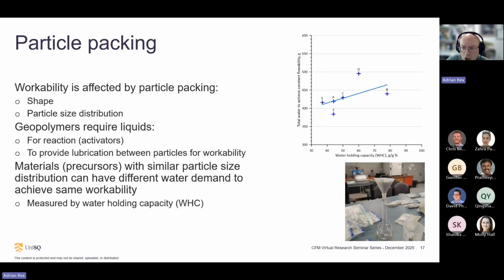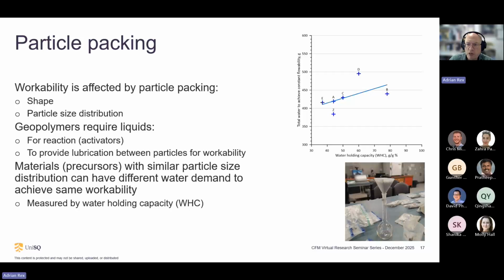We've got a more complex method now, again based on our friends in the soils research area, that quantifies the amount of water that the ash can hold on itself, both within the pores and on the surface of the particles. The geopolymers, of course, require liquids for reaction, which is what our activators are, but also to provide lubrication between the particles for workability, as is needed in concrete.